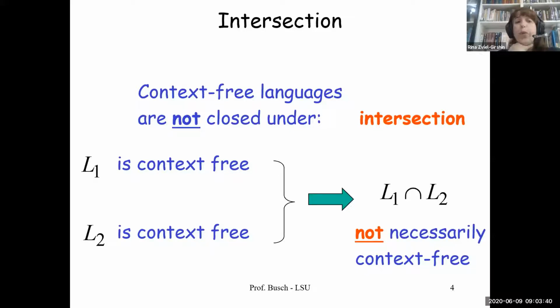To prove this theorem, I need to show an example where I have two context-free languages. I perform the intersection operation, and the result of the intersection operation should not be a context-free language.